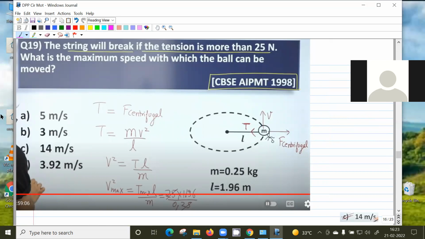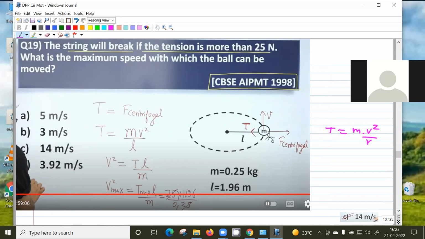The string will break when the tension is more than 25 Newton. What is the maximum speed with which the ball can be moved? This one is also very simple. The only force acting on this mass is the tension, which should equal mass into acceleration, the centripetal acceleration.